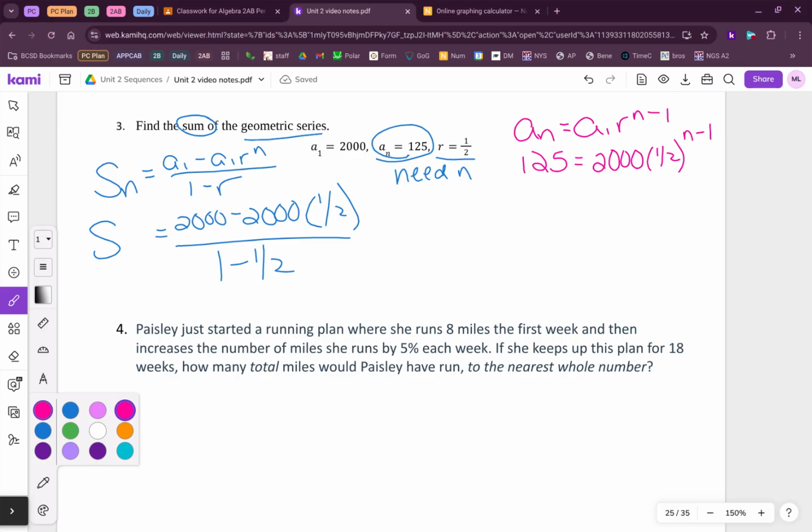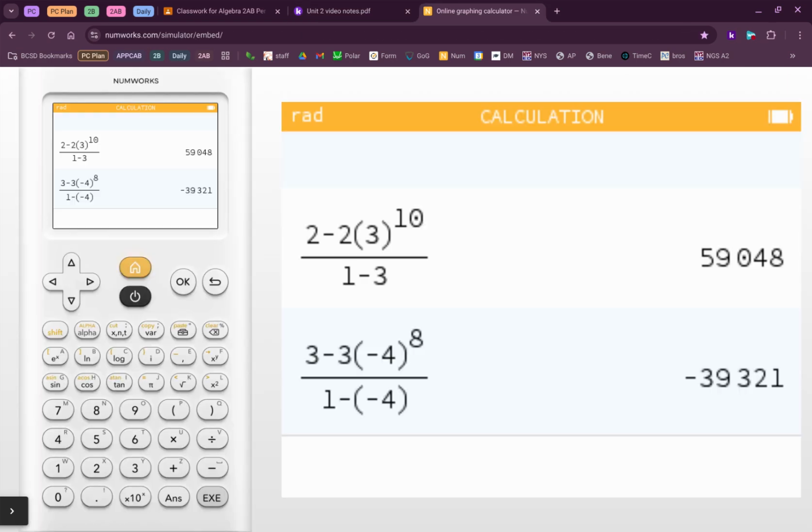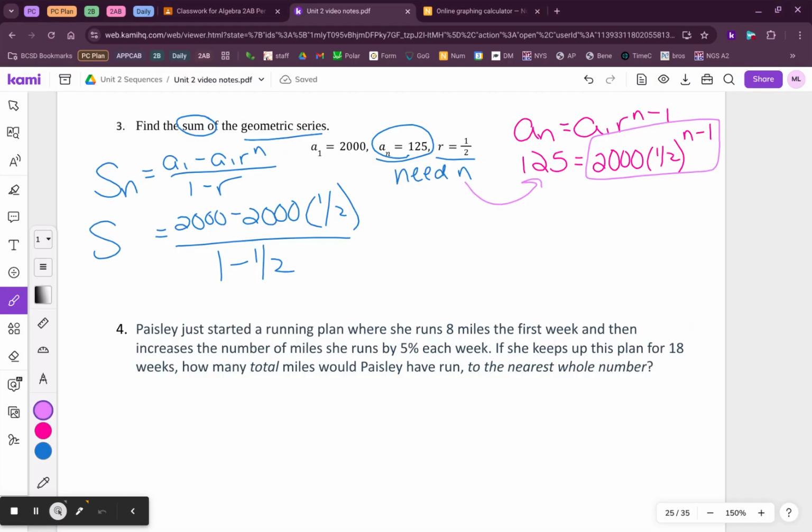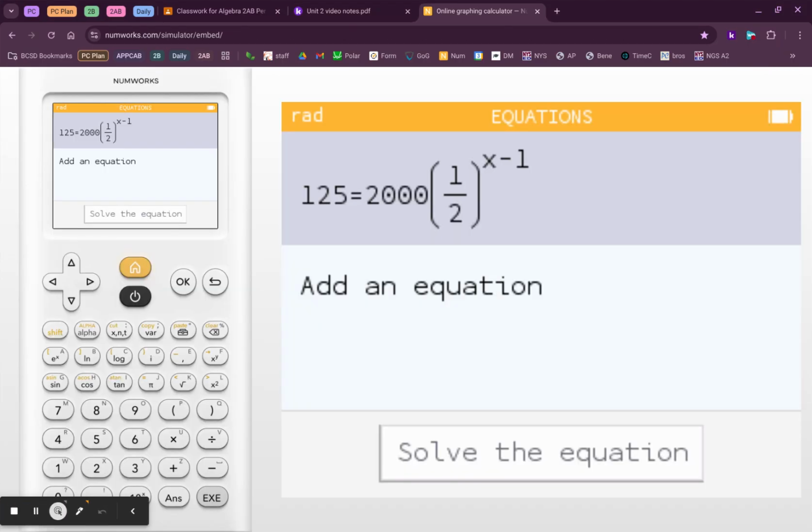Okay, so now there's a couple ways that we can do this. What we can do is if we want to figure out what n this is, you could plug this into your calculator into the graphing. Oh, you know what? All right, not in the graphing. What you can actually do is take this whole thing, put this in the calculator in the equation solver, because we need to know what n is. So if we go to equations, put your equation in. So I already typed it in, so hit pause and then type that in your calculator.